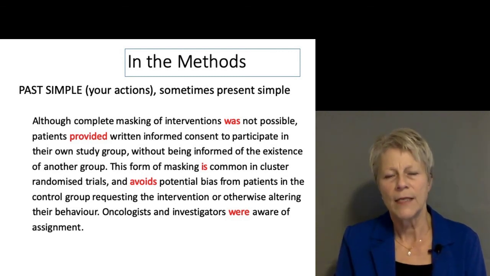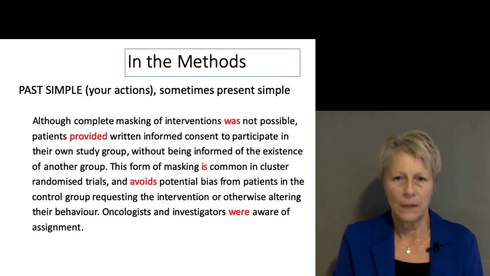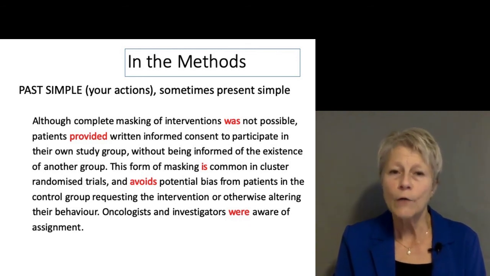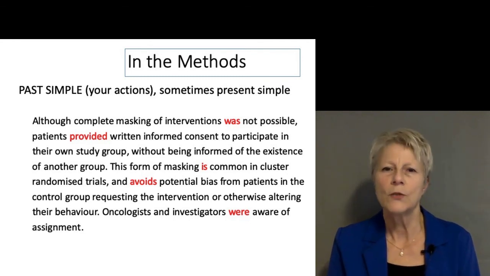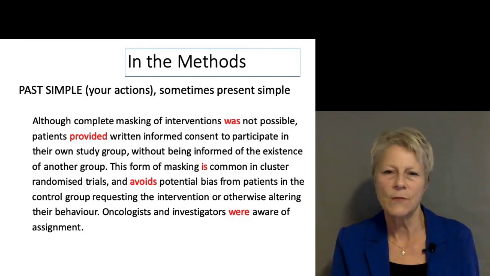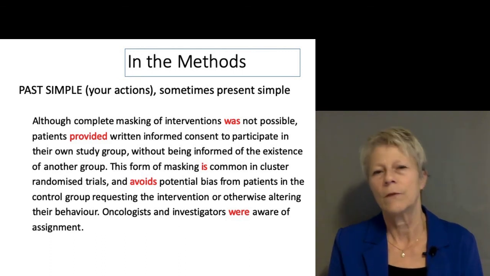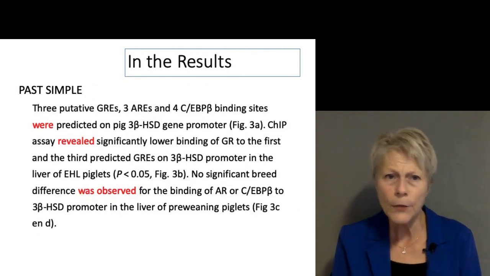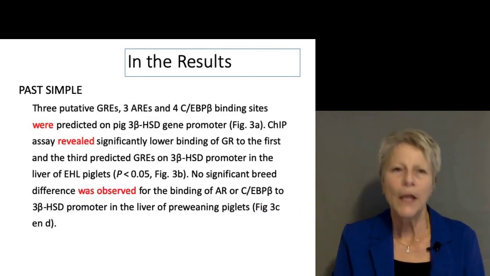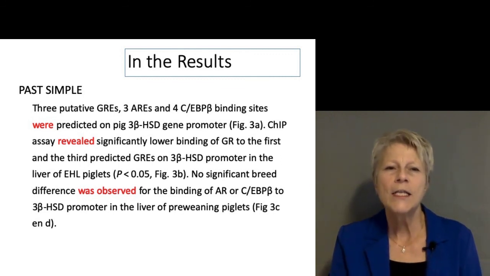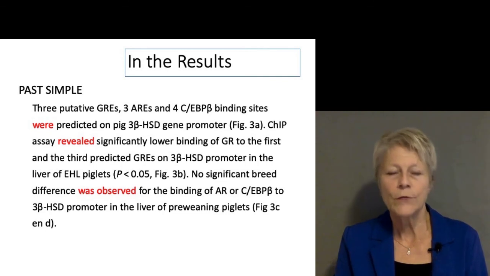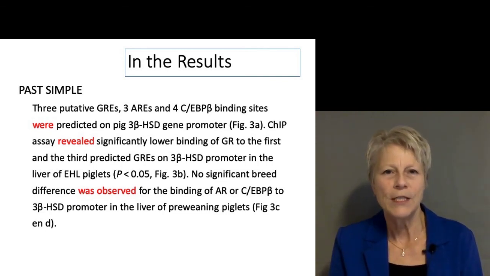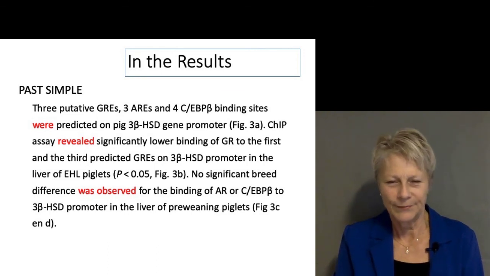This form of masking is common in cluster randomized trials and avoids, so this is a present tense. So there's sometimes you need to switch. But it comes natural here. I think this will not be a problem. The results, a lot of past simples, of course, sometimes passive, were predicted, was observed, sometimes active, CHIP assay revealed significantly lower binding.